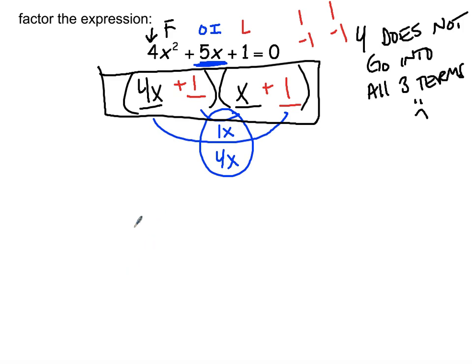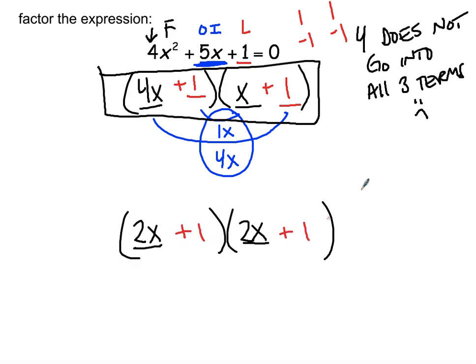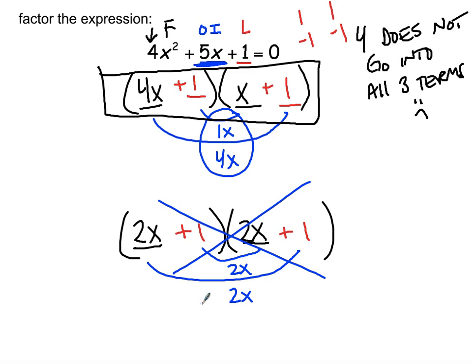But I just wanted to point out, when we started making our two sets of parentheses, two things that multiply to 4x squared could also have been a 2x and a 2x. And then two things that multiply to a 1, let's try the 1 and the 1. Check the outsides and the insides. The outsides would be a 2x. The insides would be a 2x. Those added up do not make 5x. So this actually does not work.